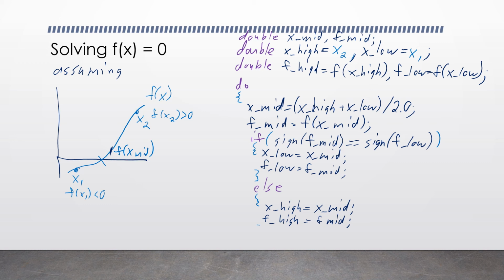Okay. And we do this while the absolute value of f mid is greater than some really small number, say 1.0e-12. Doubles can go down to about 10 to the negative 15 or so in precision, but we don't feel we need that much precision in our solution.